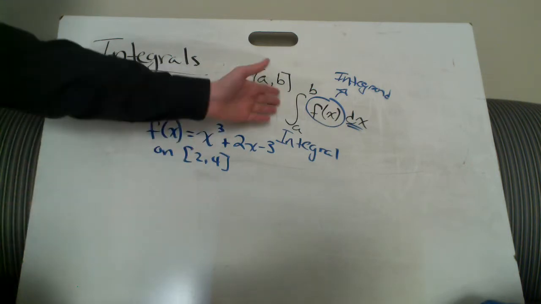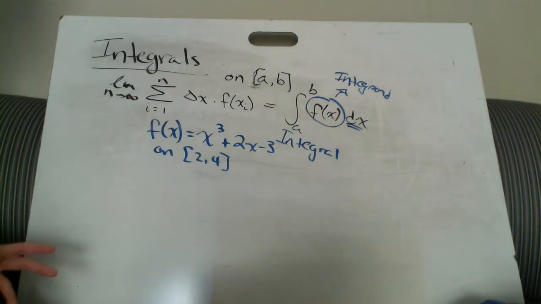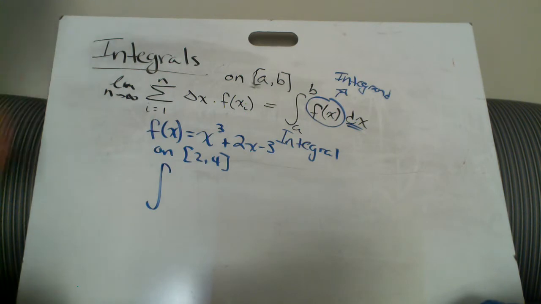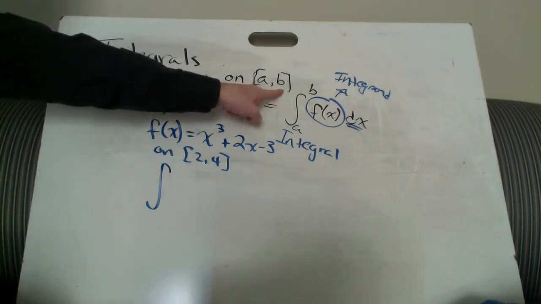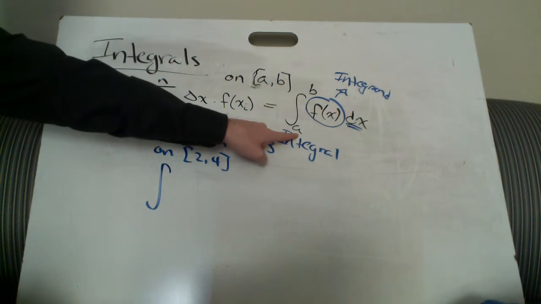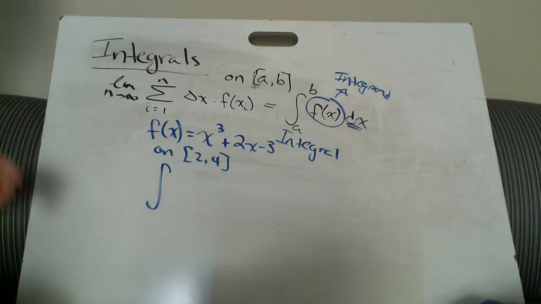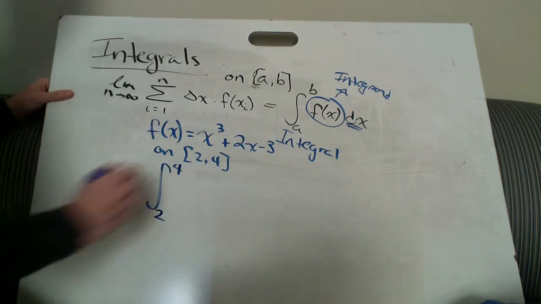Well, we'll look back at this example and we'll say, oh, okay, here's how we do it. First, always start with the nice curvy S to represent integral. Here we were on a, b. a was our lower bound, b was our upper bound. In this case, we're on 2, 4. So 2 is our lower bound, and 4 is our upper bound.